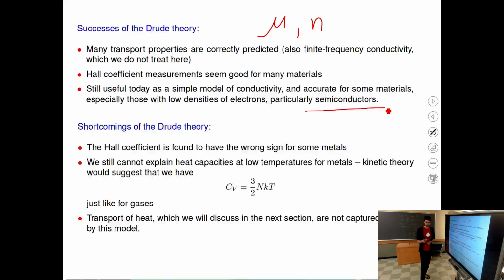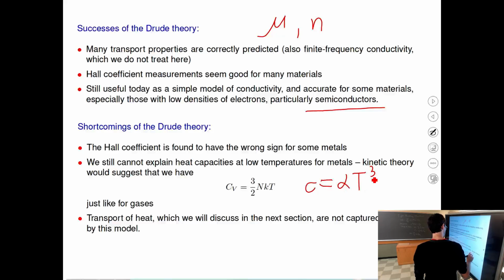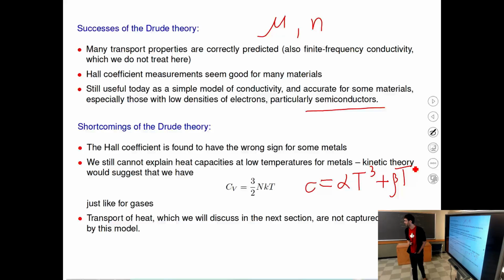But if you remember last week, Tuesday, I told you that heat capacity is proportional to T cubed plus a linear term at low temperature. So it goes down to 0 as this power law. And we accounted pretty well for this cubic dependence thanks to phonons, right? Thanks to the Debye theory.